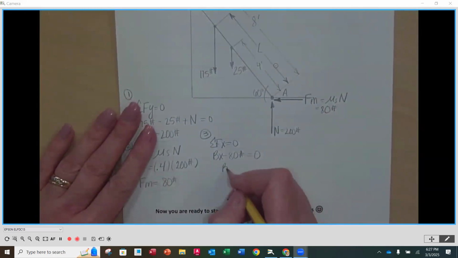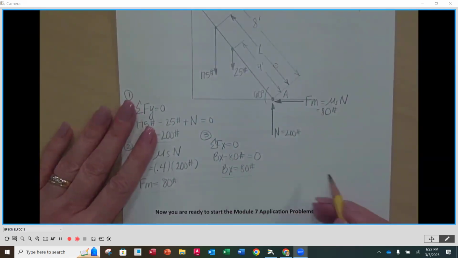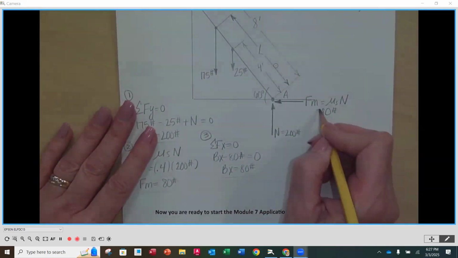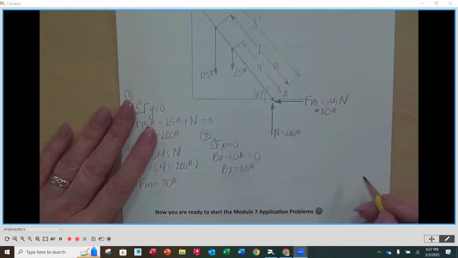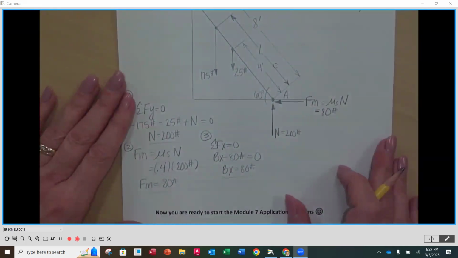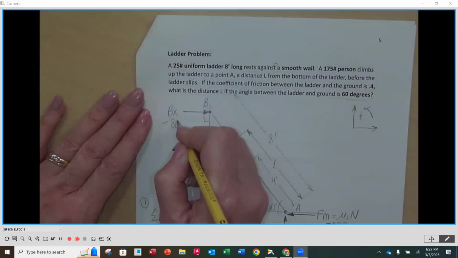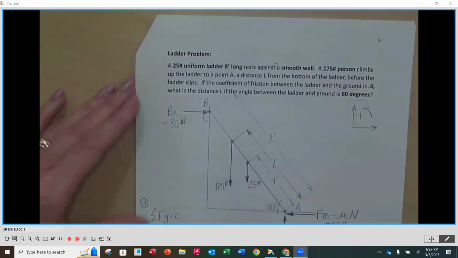So my Bx is going to be equal to 80 pounds. You get the idea that statics is kind of easy or kind of intuitive. You can kind of see it sometimes, right? Especially when there's not too many forces. So this is going to be 80 pounds.